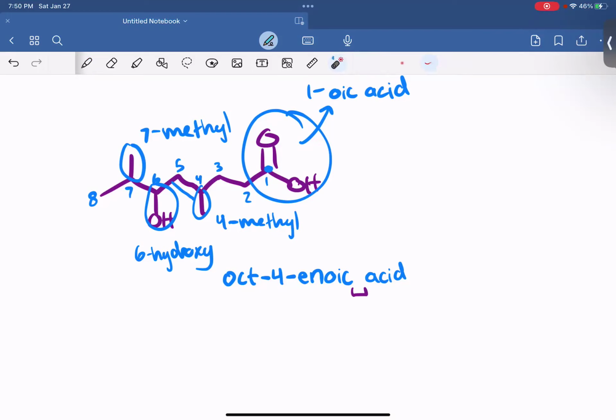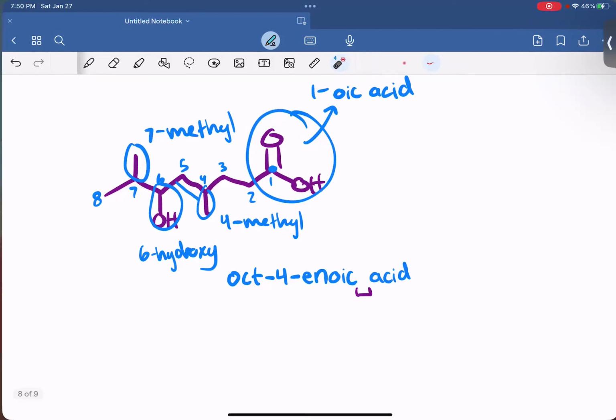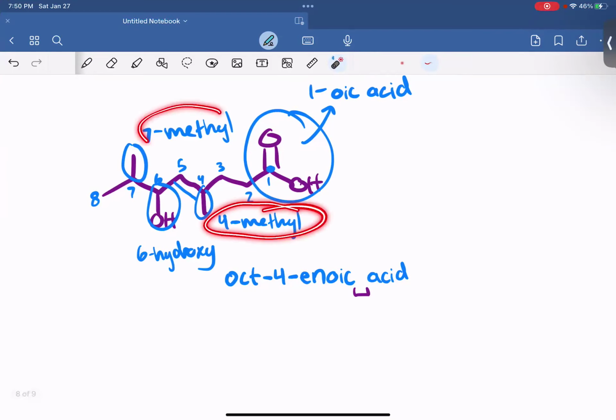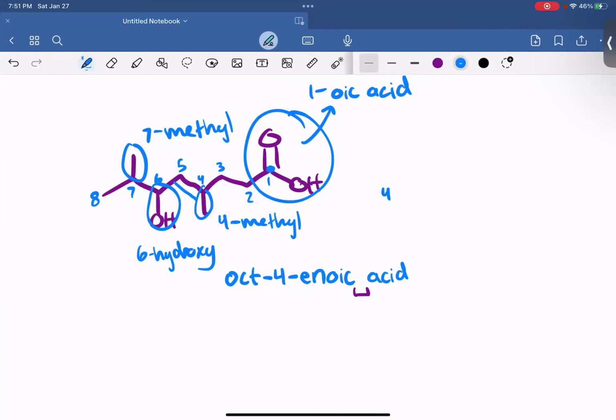This kind of introduces another principle here, is if we have two of the same things, we put them together like this. 4, 7, tell me where both of them are, how many you have of them, 2, di, so it goes di, tri, and so forth. Dimethyl.